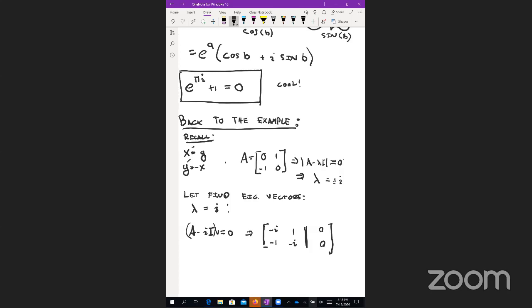And we need to multiply the first line by something and add it to the second line. You can see with a little bit of work, it is worth checking this, that if we multiply this by i and add it to this line, we get 0.